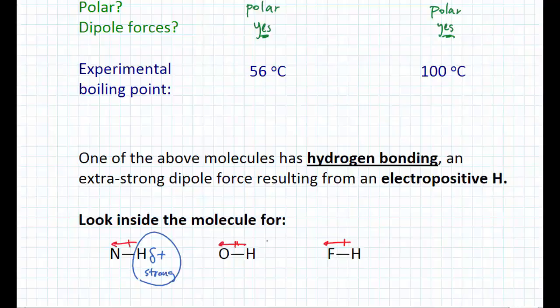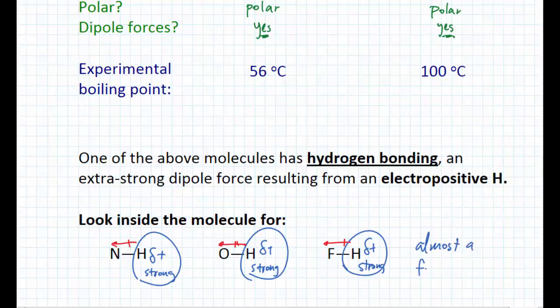partial positive on that H. Almost a full plus, in fact. Because think of a hydrogen. Okay? A hydrogen, just on its own, would be a proton and an electron. Right? Hydrogen is number one on the periodic table, so it would be a proton and an electron.